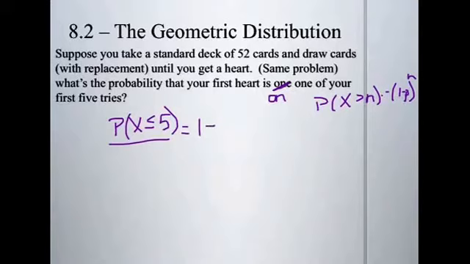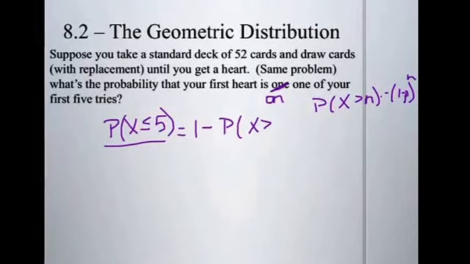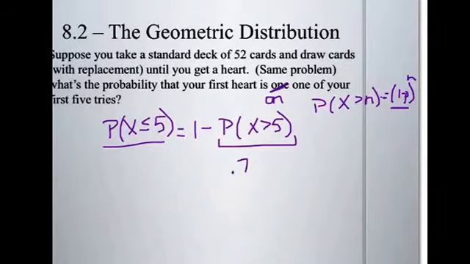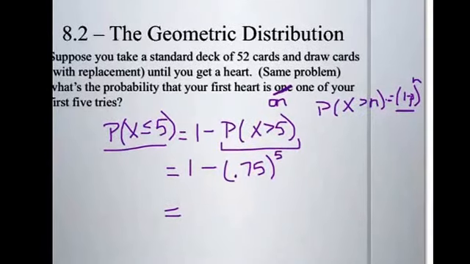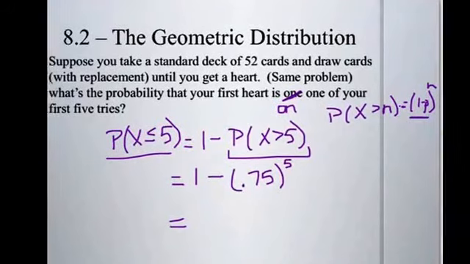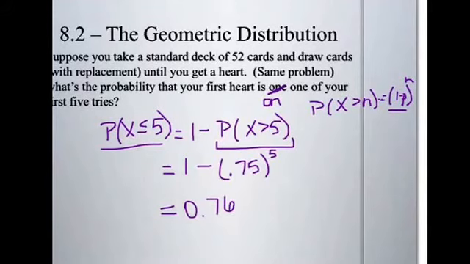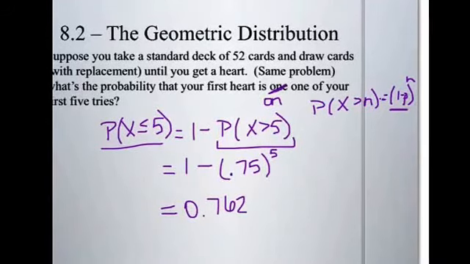So we're going to do 1 minus the probability of x being greater than 5. For this, the probability that x is greater than 5, I have a formula over here. It's the probability of not getting a heart, which is 0.75, to the n power, so 5. And I'm going to do 1 minus that, because it's what I don't want. And that is 0.7627.